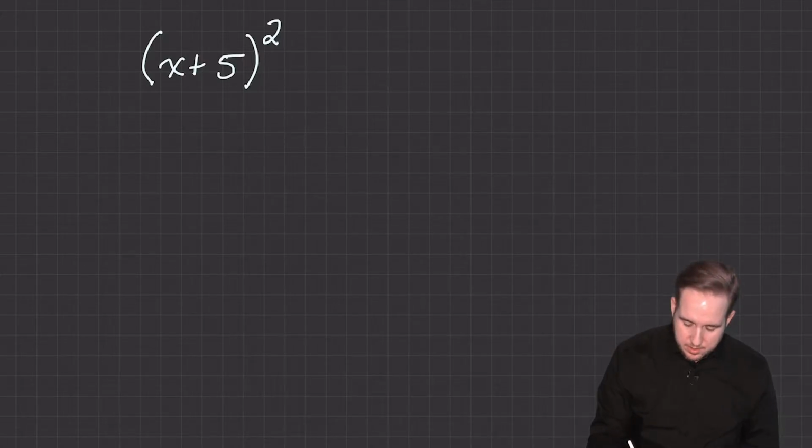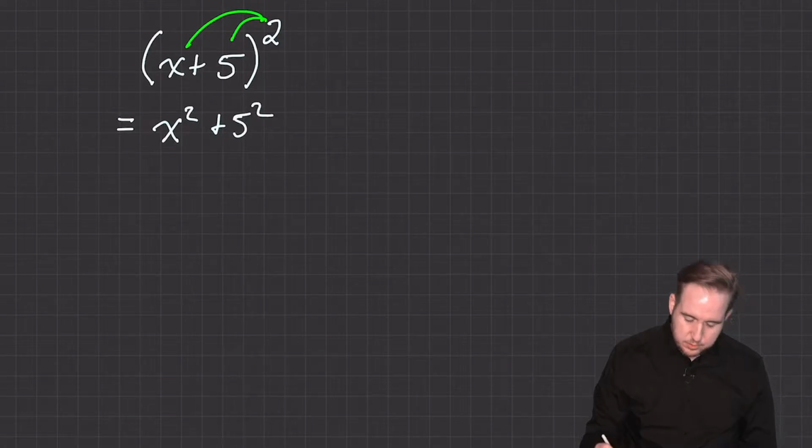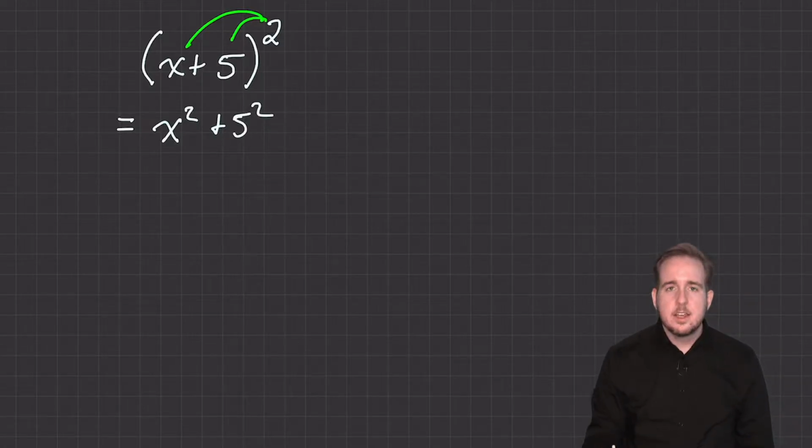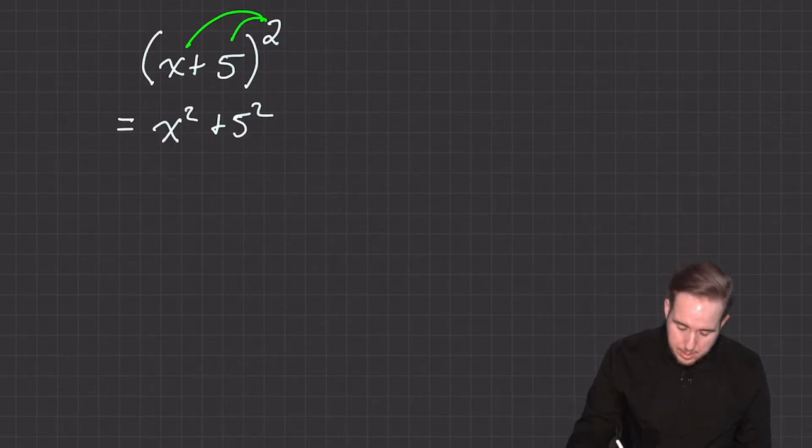You want this, and you want the answer to be x squared plus 5 squared. And I am very, very sorry to tell you that the universe does not work like that. If we could have that as a rule, we would. But it doesn't work. And I'll give you an example.